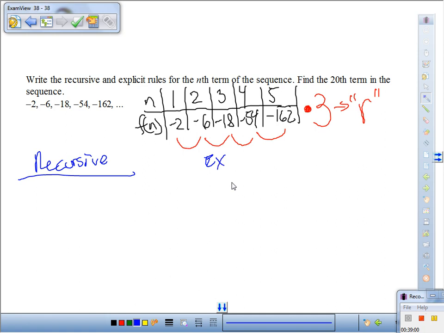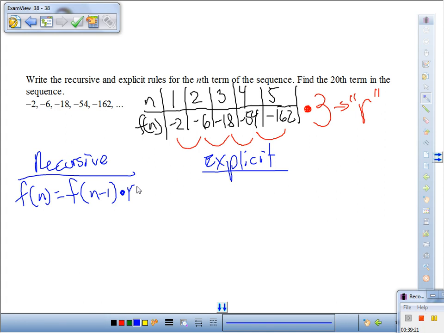So we need to write our recursive and explicit, however, it's for a geometric. So let's see. What's our recursive? F of n equals f of n minus 1 times r.